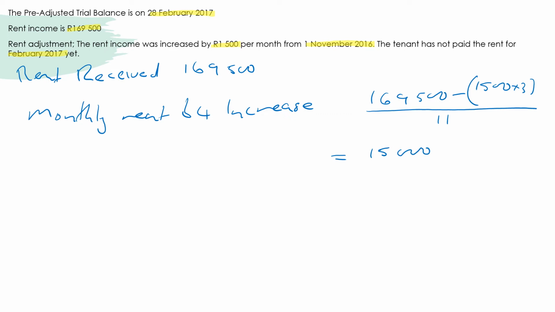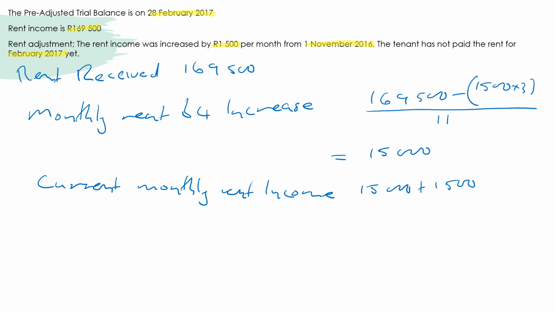So the monthly rental income that we need to adjust for here, that will be the current monthly rent income, that is after an increase, right? Will be 15,000 plus 1,500. This will give you 16,500. Right, so that's how you need to work it out.